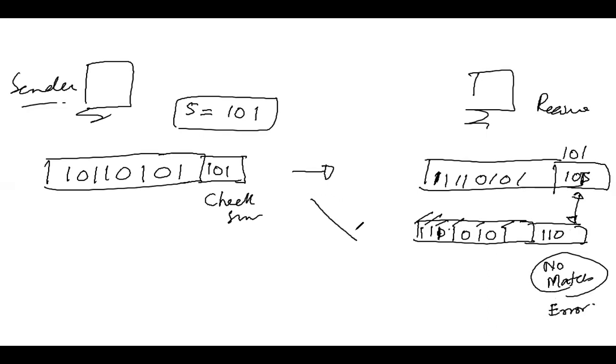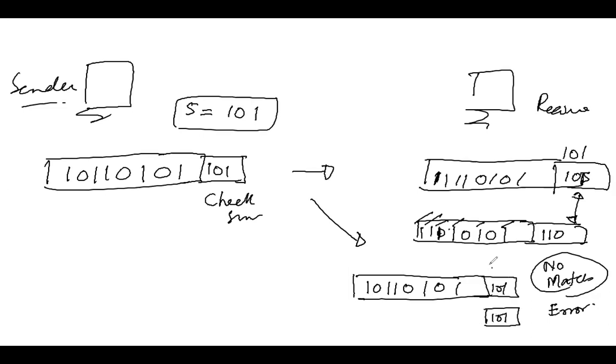But if he received the same message like this, 10110101, with 101, and he compares it, here is 101, here is 101, it means the data is correct and received without error.